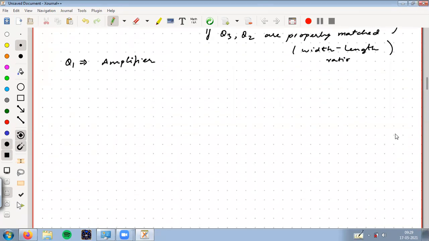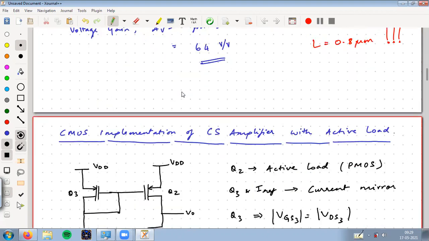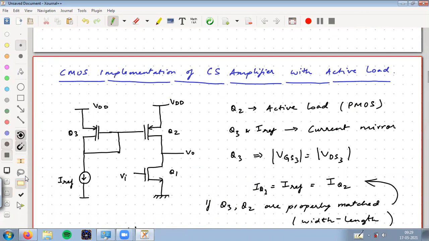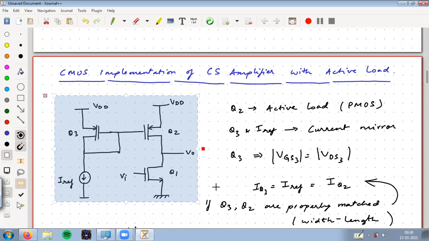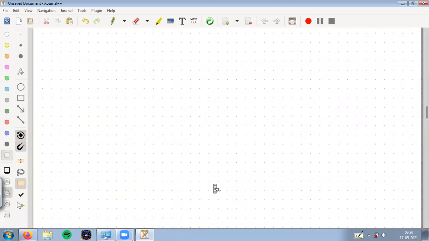Second thing, if I look at Q2 alone, I'll copy the diagram. This diagram I'll copy because we'll be referencing this circuit a lot.